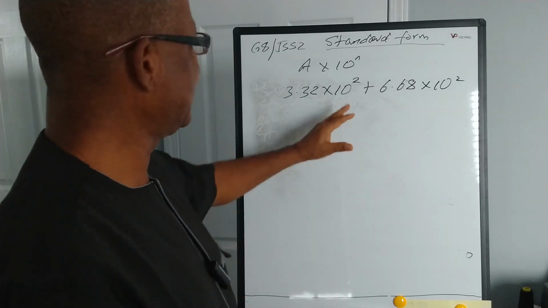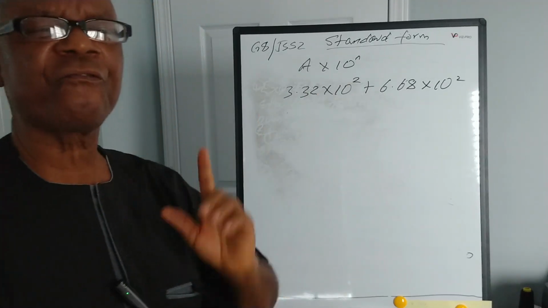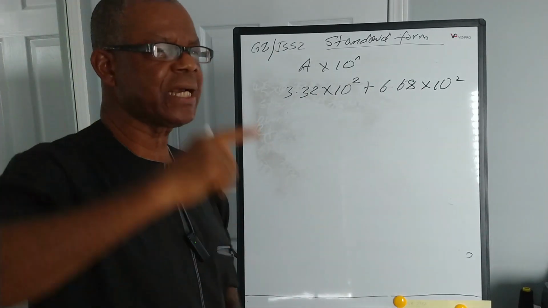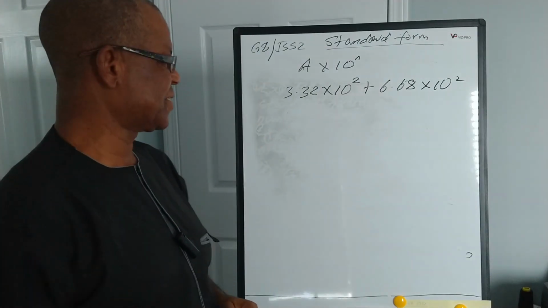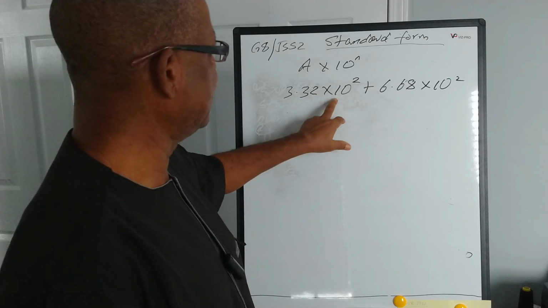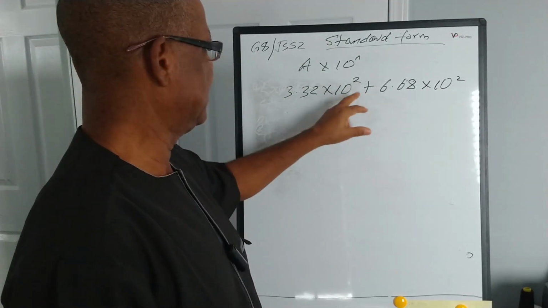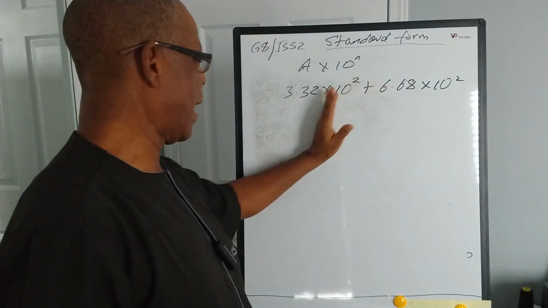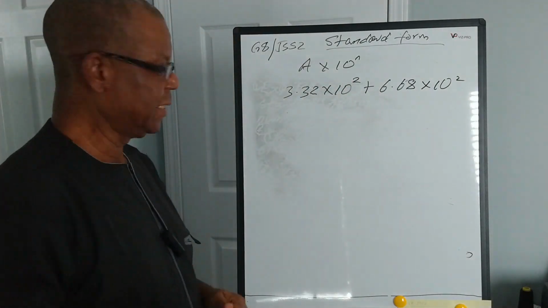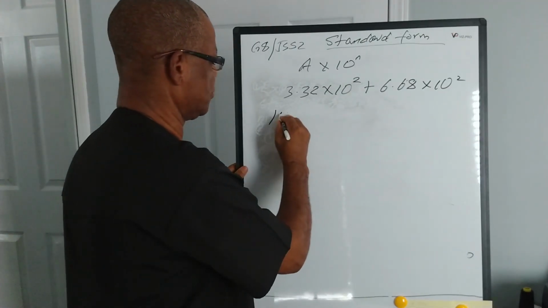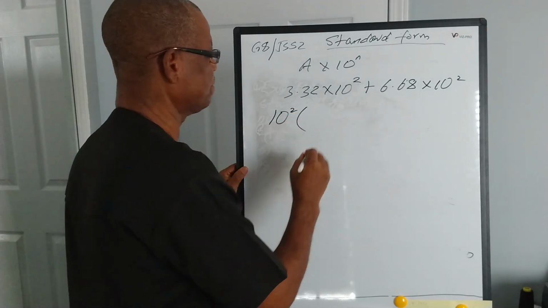And you now bring out your common factor. That is why you treated your HCF in the previous grades. You can see that 10 raised to the power 2 is common. You now bring out the 10 raised to the power 2 as your common factor.